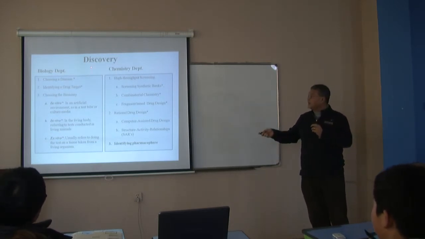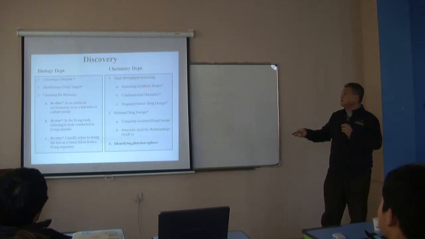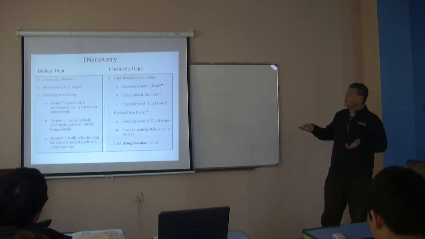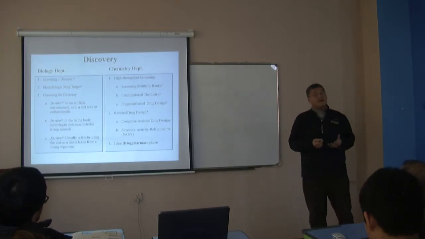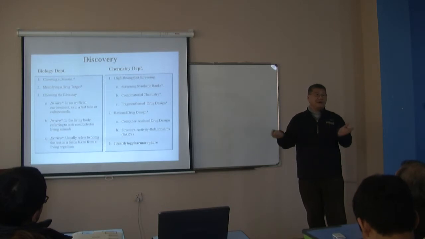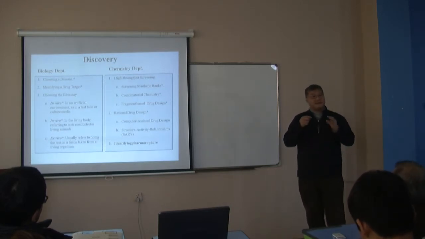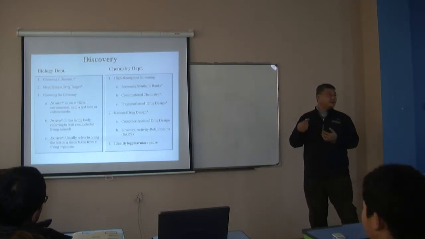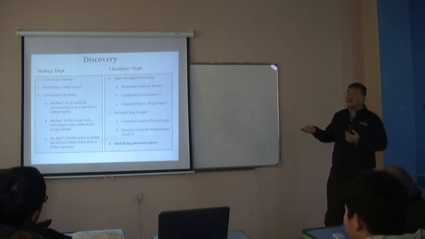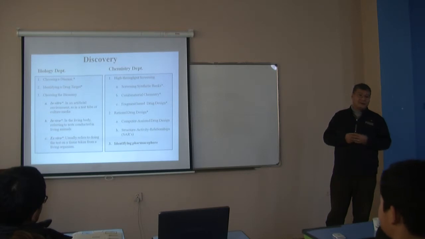So high throughput screening usually involves the synthetic banks. That's the reason why pharmaceutical companies purchase chemicals from everywhere. Academia usually makes some special compounds, and then they can sell them to the pharmaceutical company. They're willing to buy all the time.